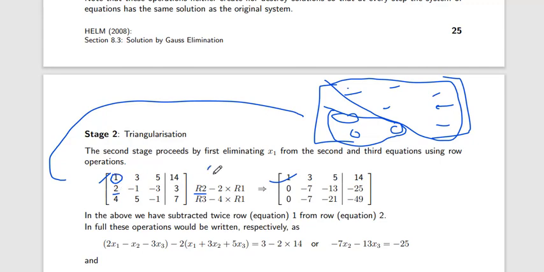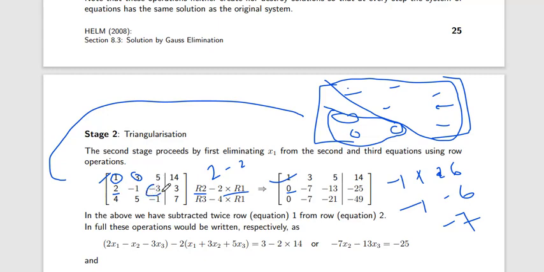Here 2 minus 2 is 0. Here minus 1 minus 2 into 3, which is 6, so we get the answer minus 7.